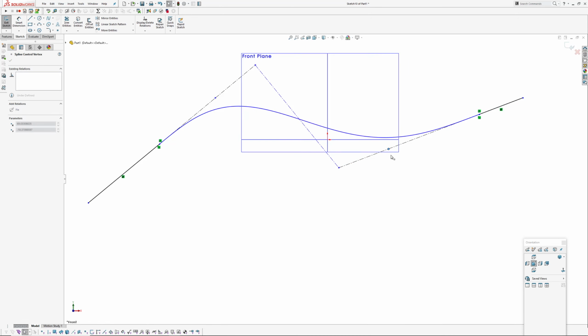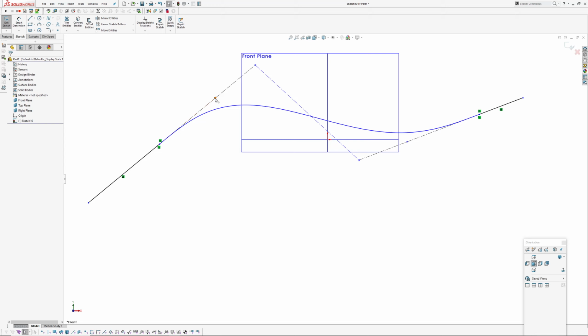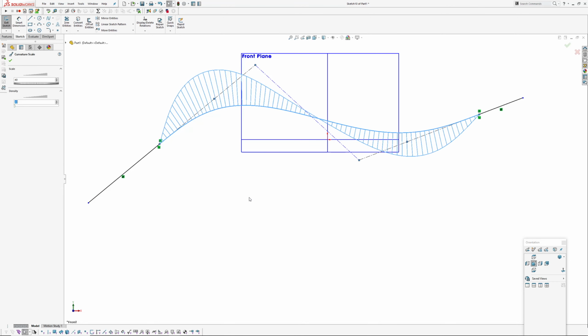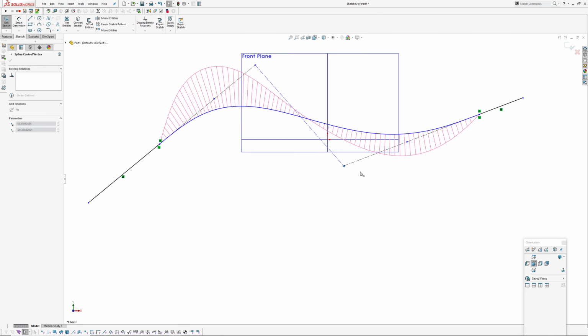Okay, so because this is curvature continuous to a line, you can actually just make these collinear. I just wanted to illustrate that with our spline there, each end is independent.